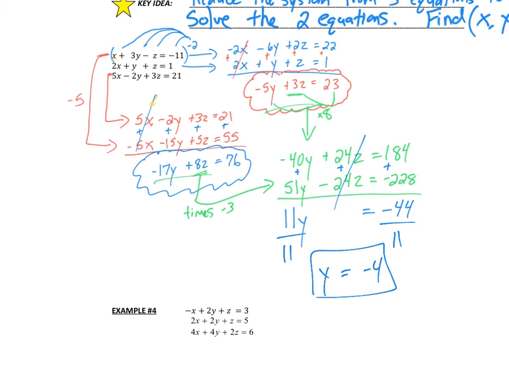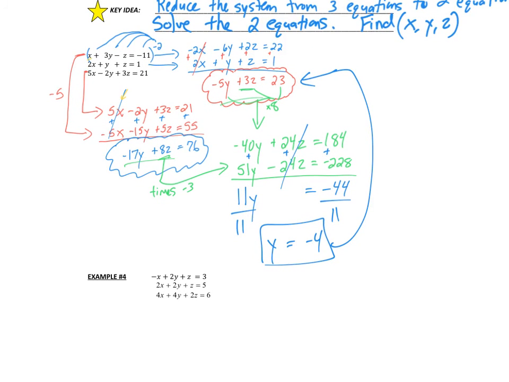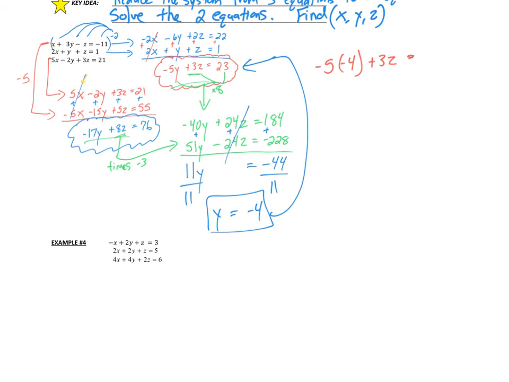Now, once you find out what y is, let's go back. Go back to here and plug in y to get z. So you would take -5 times -4 plus 3z equals 23. So we're just going to go back and plug these in.